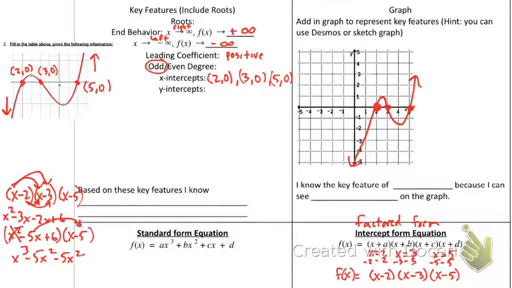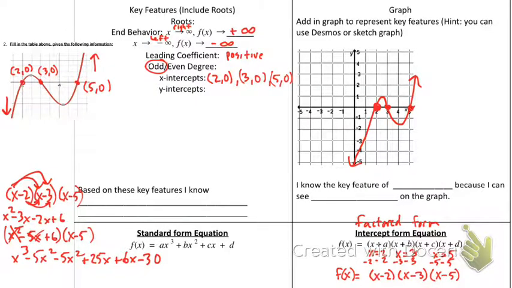Negative 5x times negative 5, that's positive 25x. All right, we're done with him. And then we go 6 times x, positive 6x, and then 6 times negative 5, and that's negative 30.